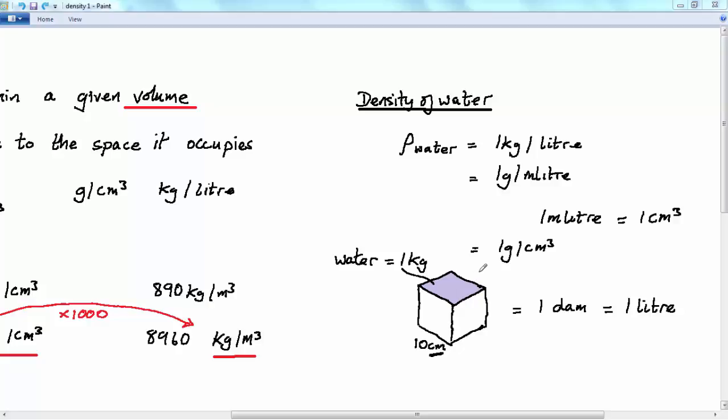So what we're saying is that the density of water, that is 1 gram per centimetre cubed, is not a coincidence, but rather it was arbitrarily chosen or arbitrarily defined by scientists, and is thus used as a reference point to measure the densities of all other materials.